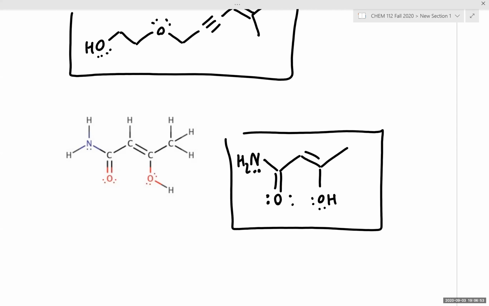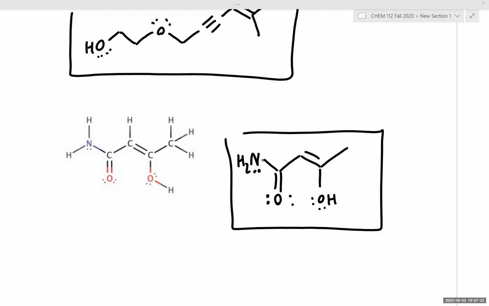Does it have to be H2N with the lone pairs, or can it be NH2 with the lone pairs? That's fine. I generally try to draw the hydrogens opposite to the side that the nitrogen is bonding, but that's just personal preference, just to show that the hydrogens belong to the nitrogen. It doesn't matter what side the double bond is on. You can draw it on the top or on the bottom.